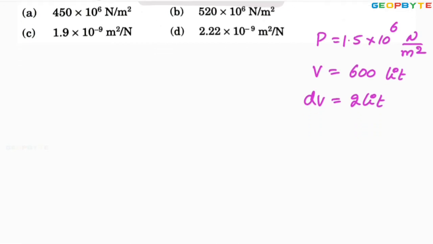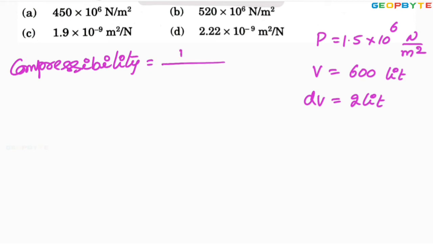Let me write the compressibility. Compressibility is equal to the reciprocal of the bulk modulus, 1 by bulk modulus.